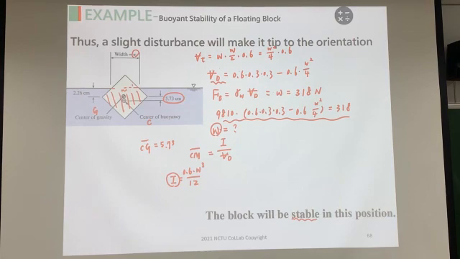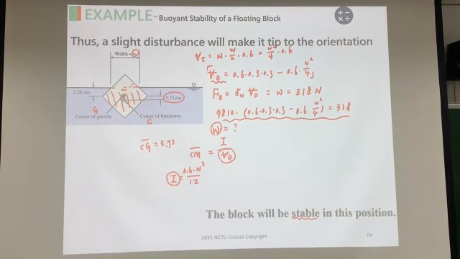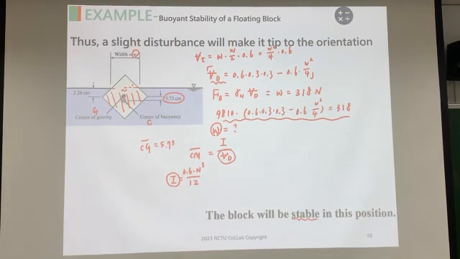And because you have the W, following these equations, you know the displaced volume here, VD. So you can compute the CM. I just tell you the CM should be larger than 0.